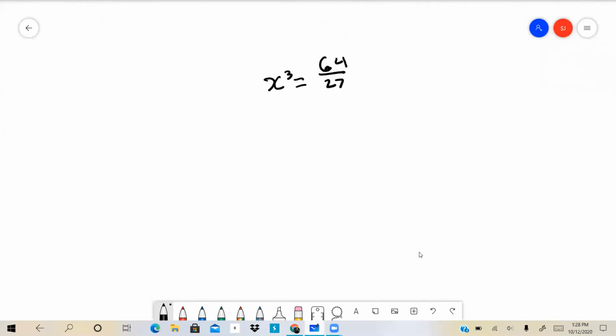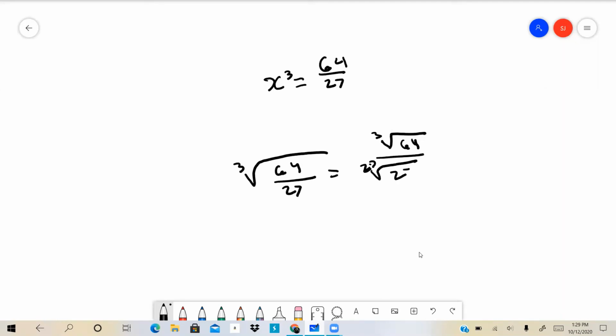Alright, x cubed equals 64 over 27. That means that x is the cube root of 64 over 27. And what we're doing here is the cube root of 64 and then the cube root of 27. The cube root is just x times x times x, and that equals 64.